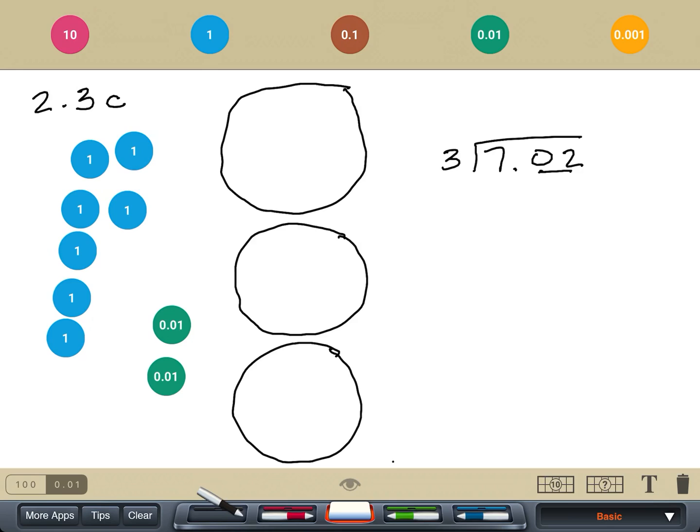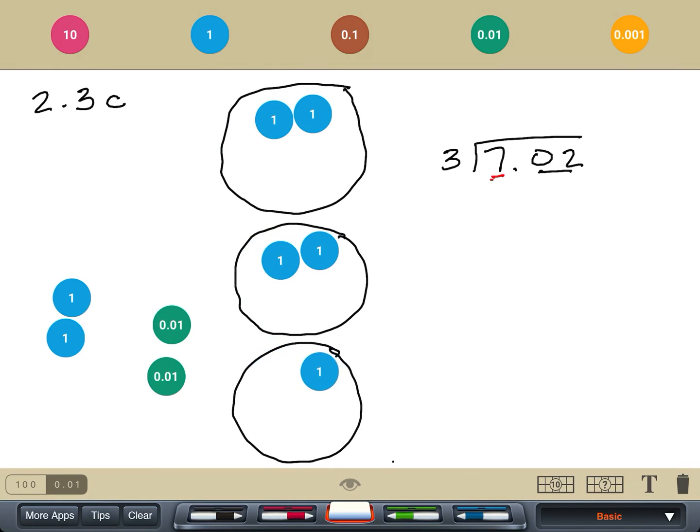The first thing that we need to do when we're dividing with multiple digit decimals is take a look at the largest place value. Our largest place value is the ones place right here. And we need to divide those 7 ones into 3 groups. Because we have 7 and we have 3 groups, I know I could put 2 in each of these groups, because I know that 2 times 3 is 6.